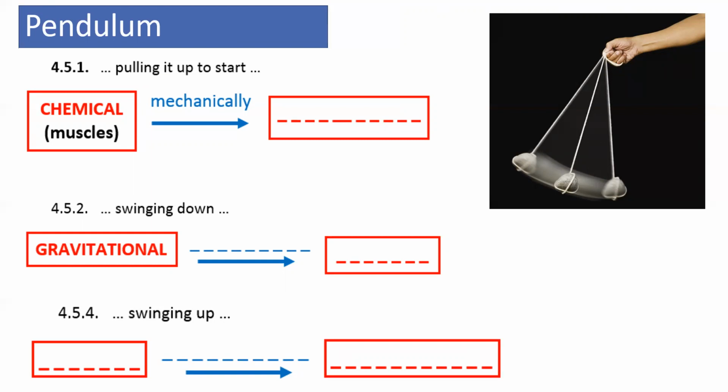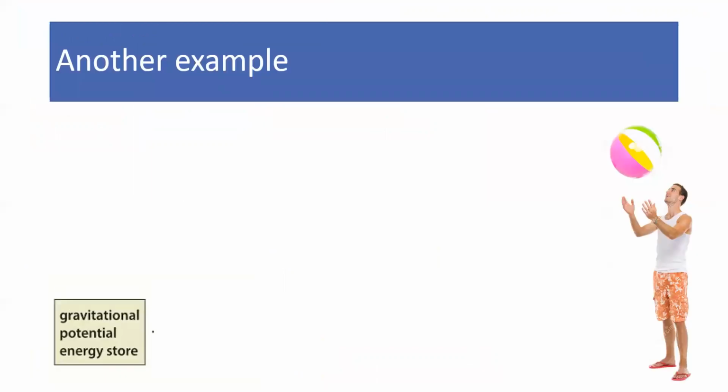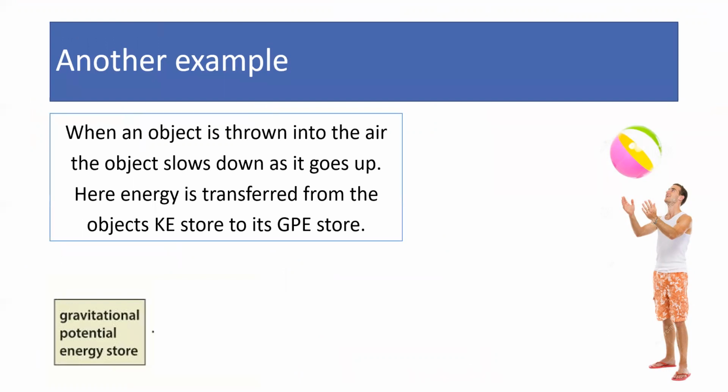Okay, brilliant. Let's look at this example. Now we've got a gravitational potential energy store. When an object is thrown in the air, the object slows down as it goes up because of the force of gravity. And when it gets to a certain height, the object gains gravitational potential energy.